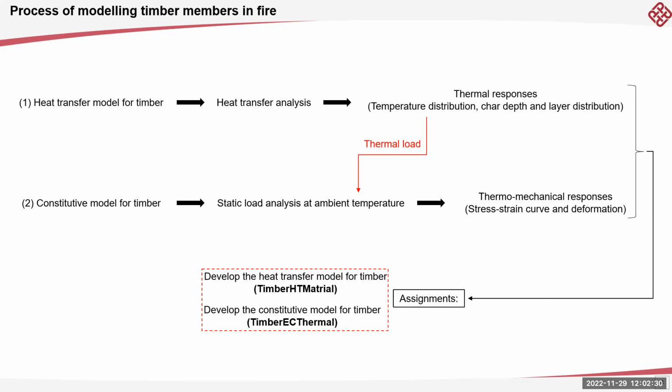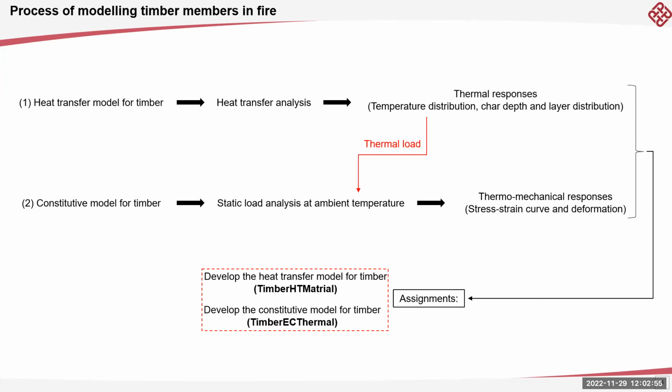In order to model timber members in fires, we need to do two assignments. The first one is the heat transfer model for timber. We need to build a heat transfer model for timber and do the heat transfer analysis to get the thermal response of timber sections exposed to fire, such as the temperature distribution, char depths, and layer distributions.